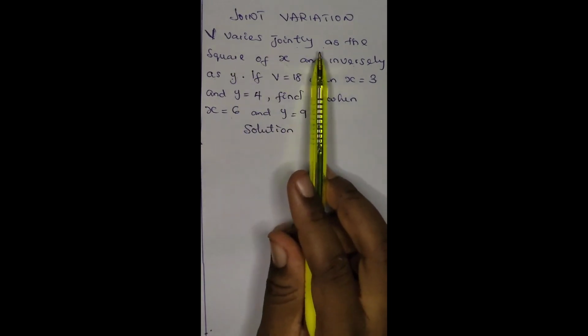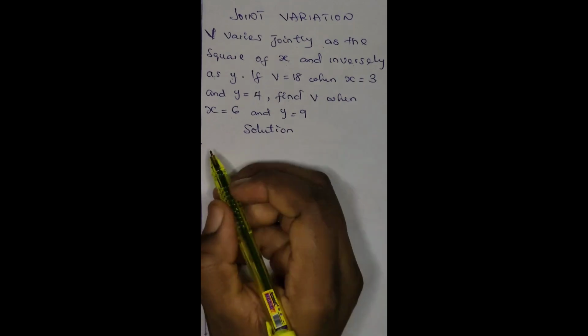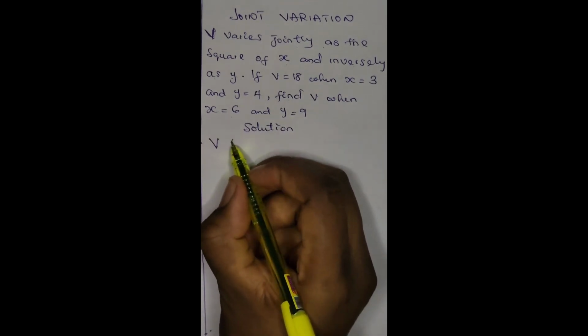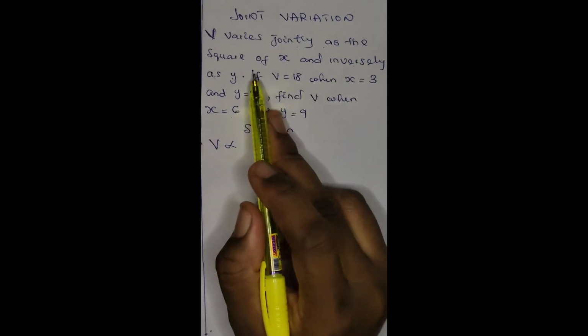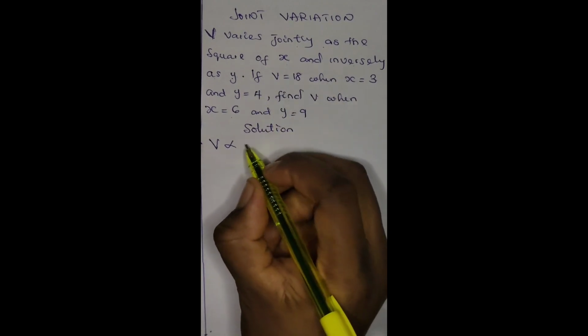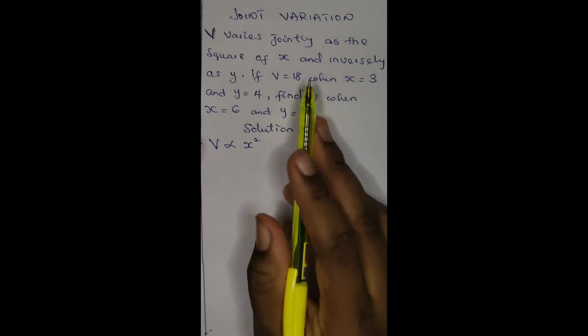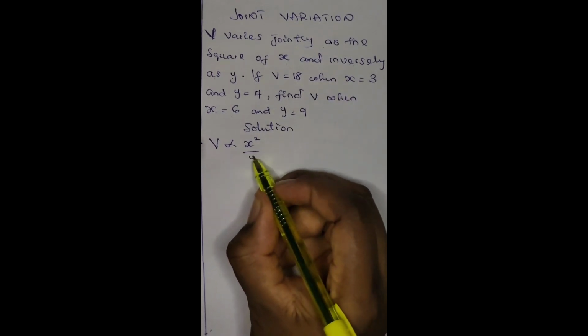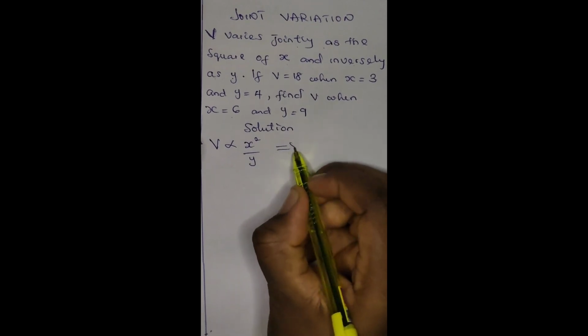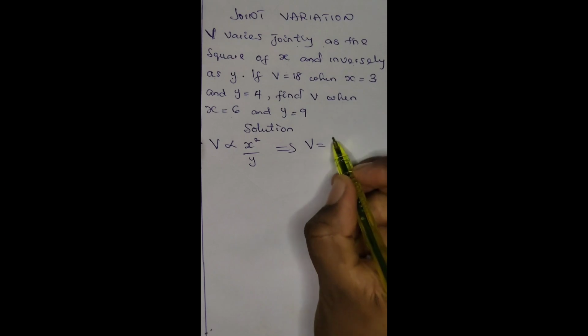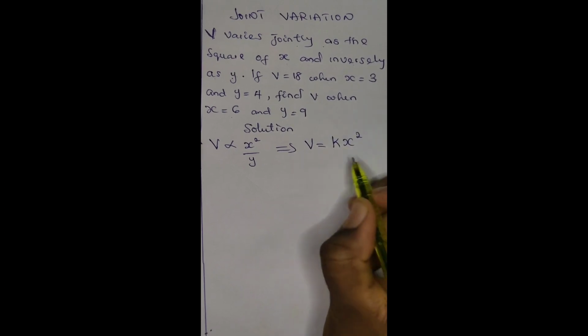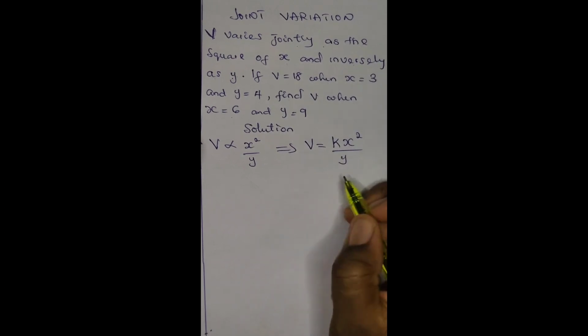So v varies jointly as the square of x, that's x squared, and inversely as y. This implies that v is equal to k x squared all over y.